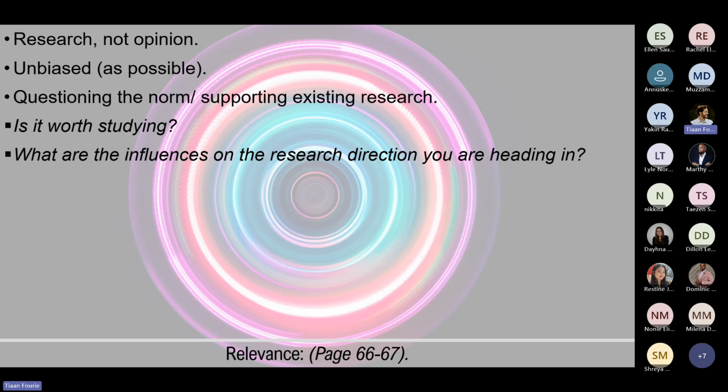Even though you most likely chose a topic because you find it interesting, when you write about it, it shouldn't show that you're biased. And mention the supporting existing literature. So you should ask the question, is it worth studying? What are the influences on the research direction you are heading in?